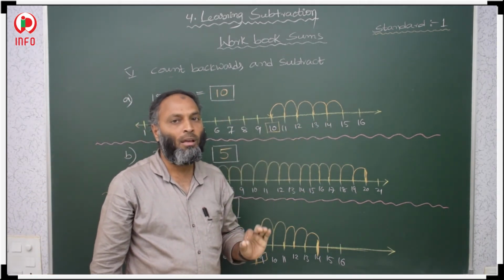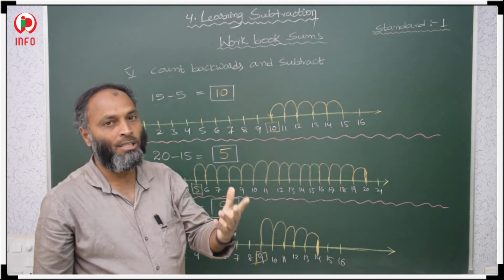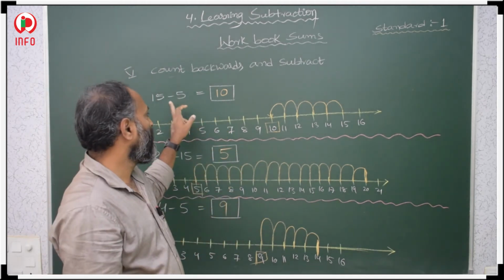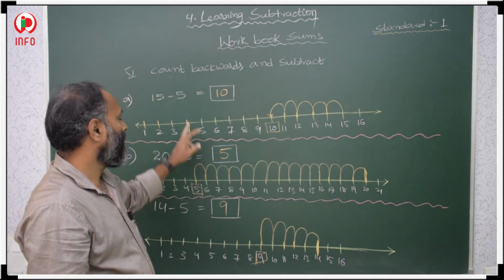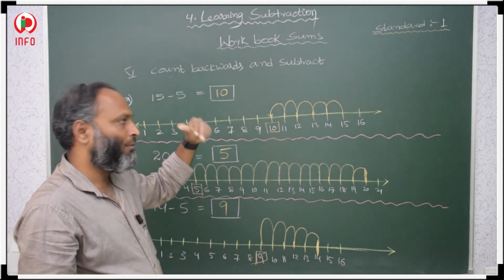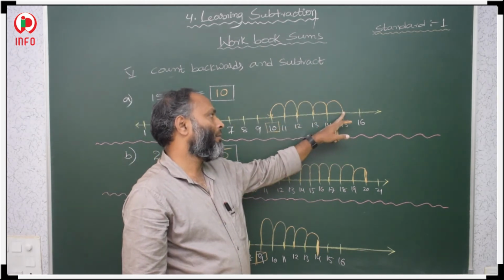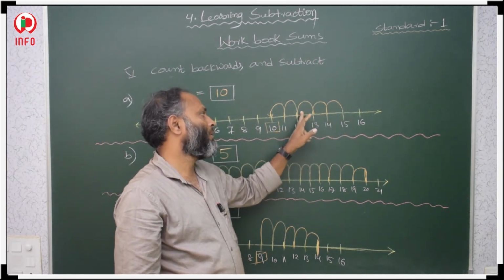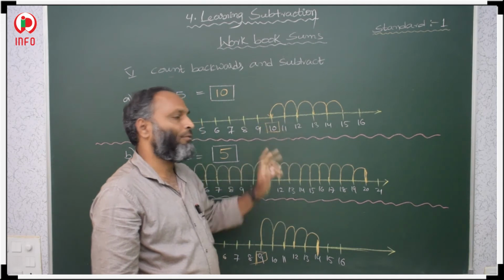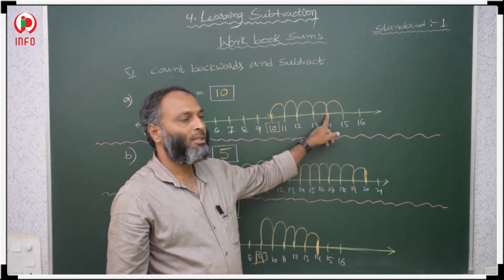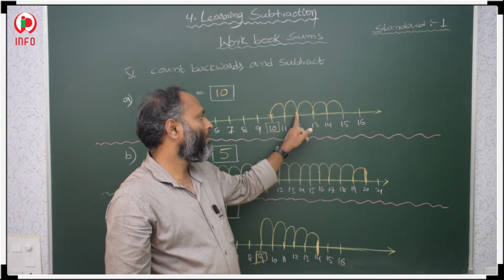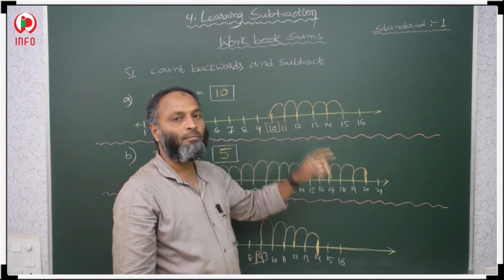If you want to take more than that, that is your wish, but at least 15 should be there on the number line. Take 15 and after that 5. Means 5 we have to count back. Don't count this as 1. Here to here is 1. This is 1, 2, 3, 4, 5.